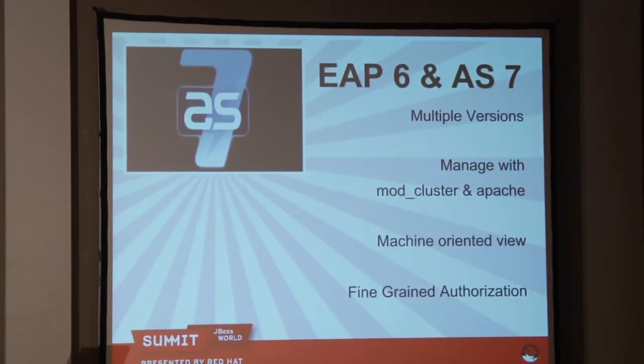This was an important milestone for us. EAP 6 is going out to market, and it's being promoted as more manageable than it has been before, and that's true. The more manageable part is that with EAP 6, you have a nicer console that lets you look at and configure a server via a GUI.